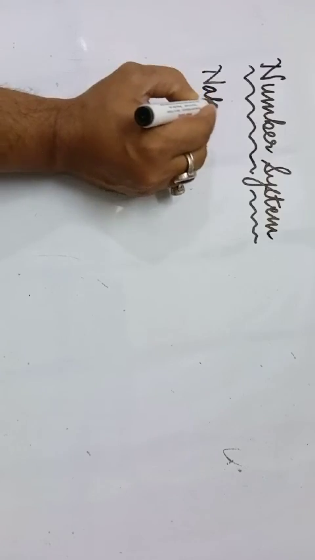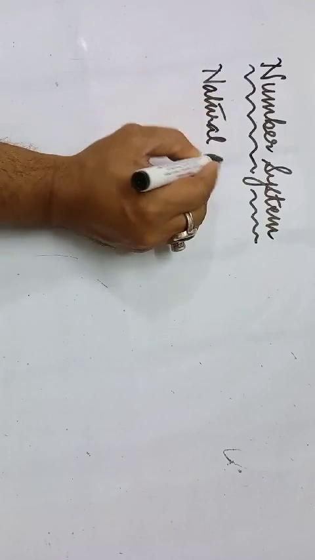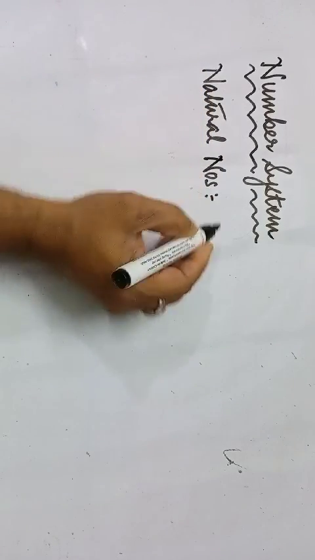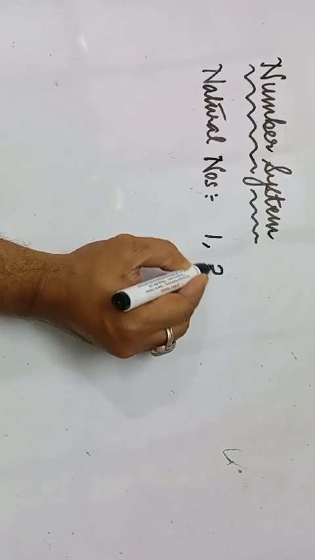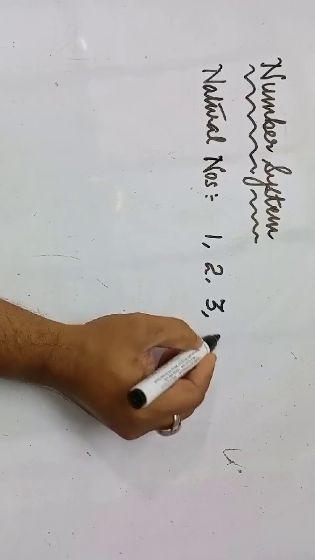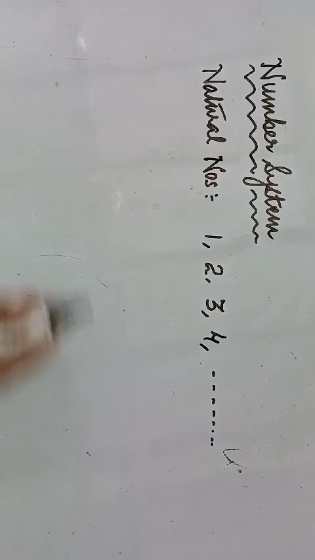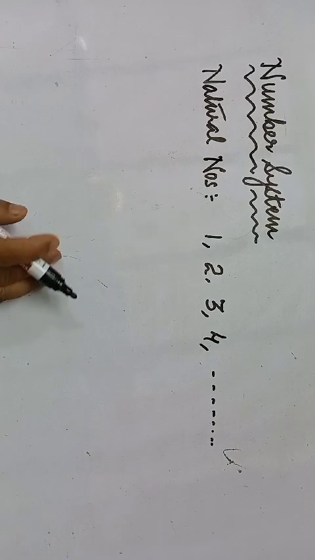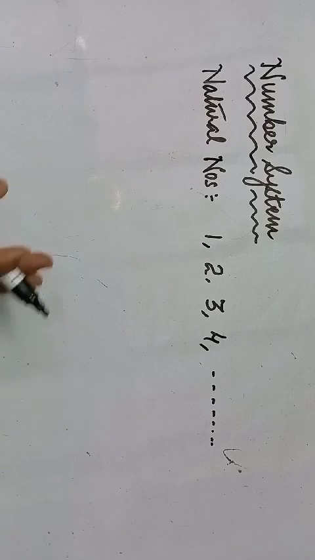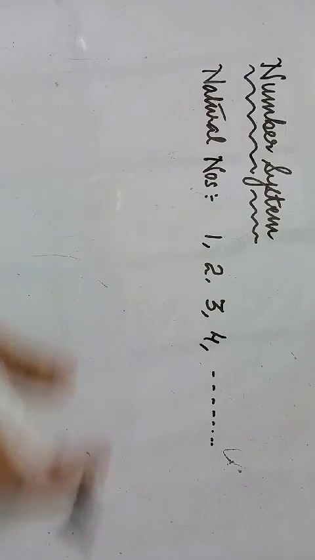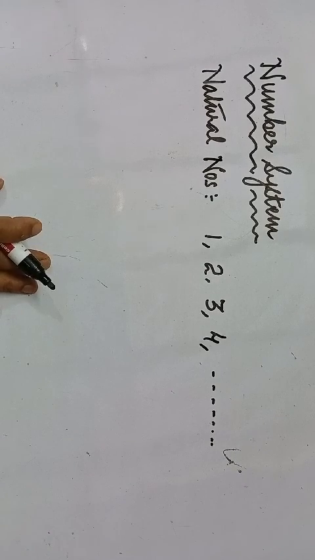We have something which is known as natural numbers. So we are all aware natural numbers, they start from 1. So you have 1, 2, 3, 4 and so on. Now they go up to infinity because you cannot really have limited number of natural numbers. It goes beyond something that you can count.